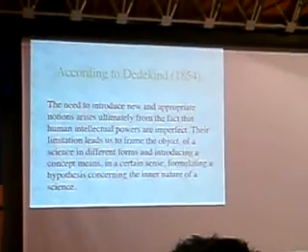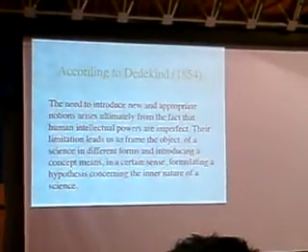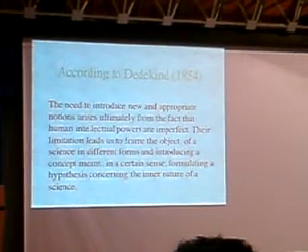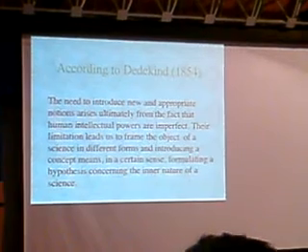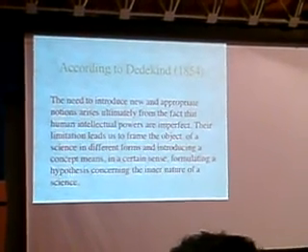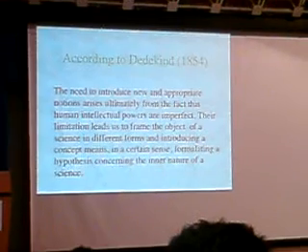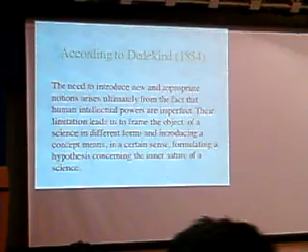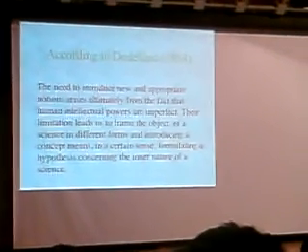The limitation leads us to frame the object of a science in different forms, and introducing a concept means, in a certain sense, formulating a hypothesis concerning the inner nature of a science." Now, human intellectual powers are imperfect, but he attributes to us the possibility of introducing new abstract notions as hypotheses concerning the inner nature of a particular science.